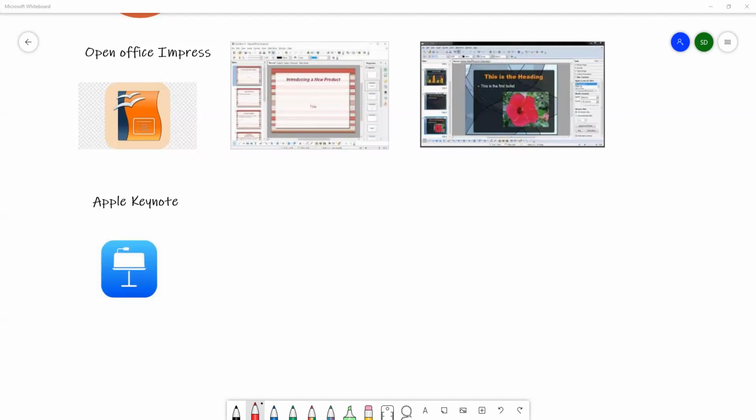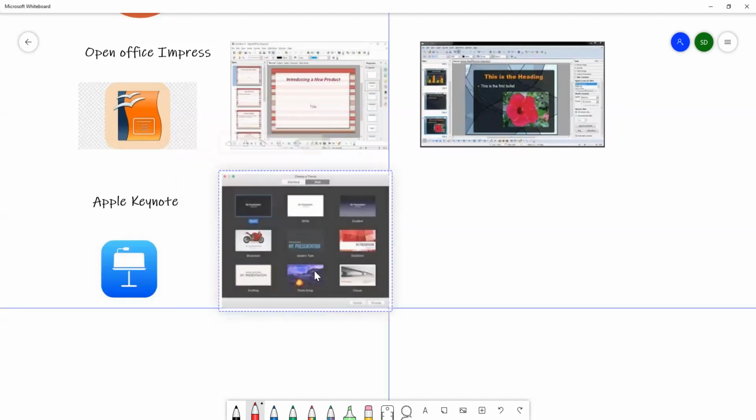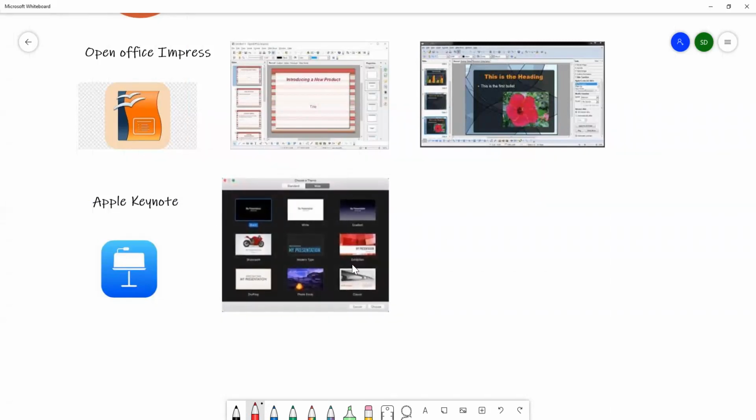So you have different ways of presenting. It's nice, it's elegant. The presentation slides look like this. You get a simple interface like this.